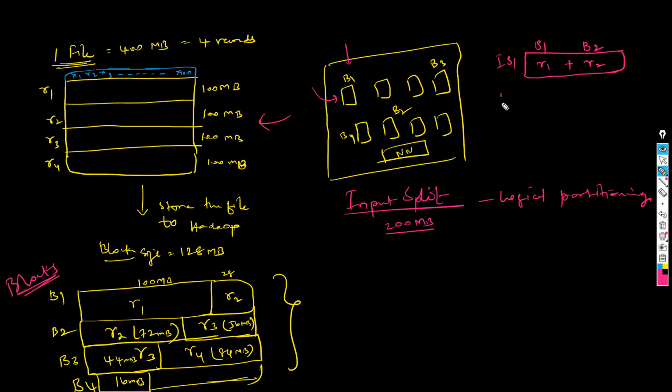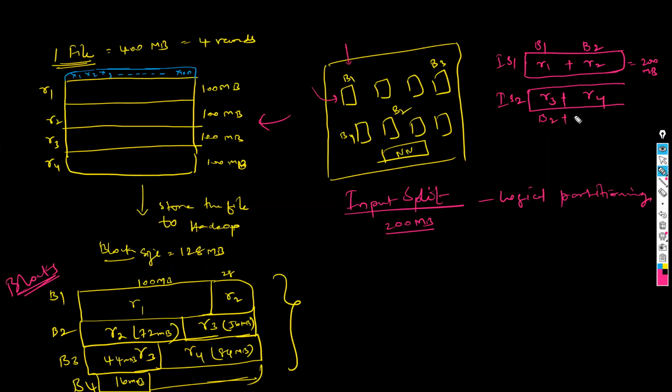Then I take input split 2, which is also 200 MB. I start reading block 2, which gives me record 3 plus record 4.